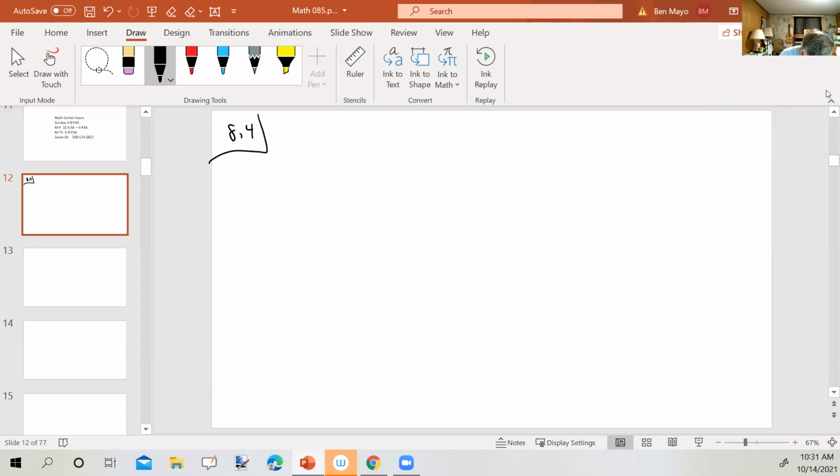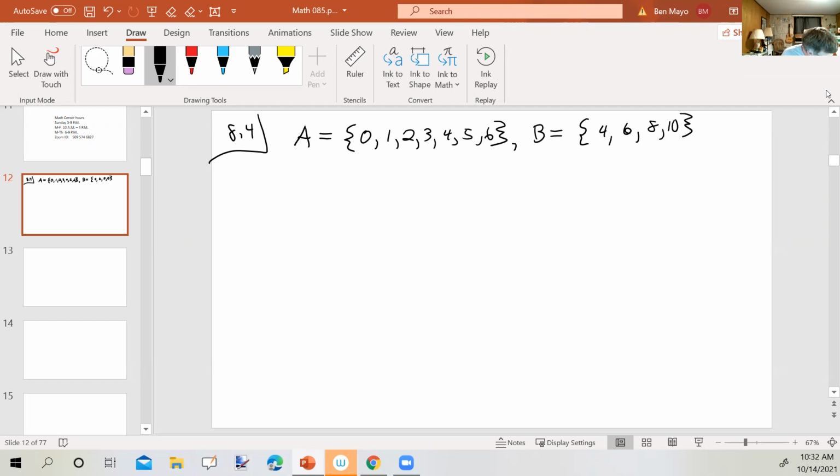And first of all, we have set A. And within set A, we have the following numbers or elements: 0, 1, 2, 3, 4, 5, and 6. Then we have set B that contains the following numbers or elements: 4, 6, 8, and 10.